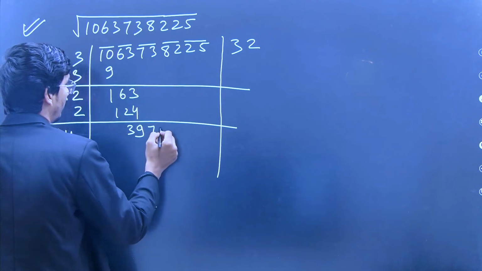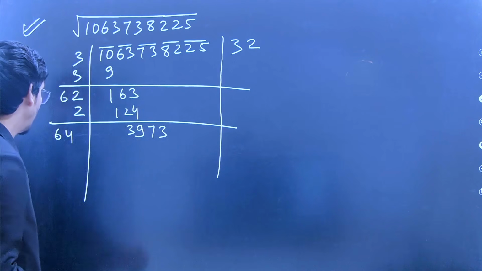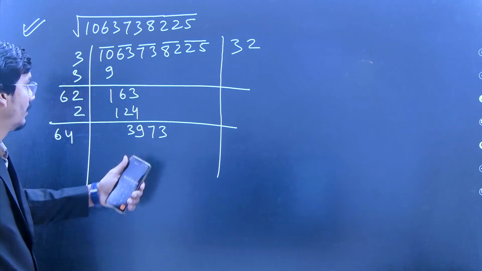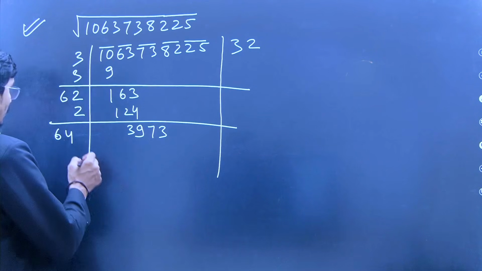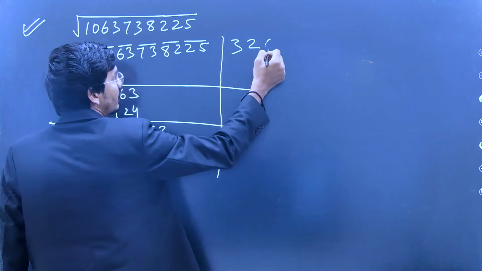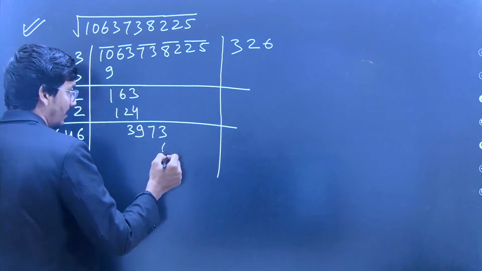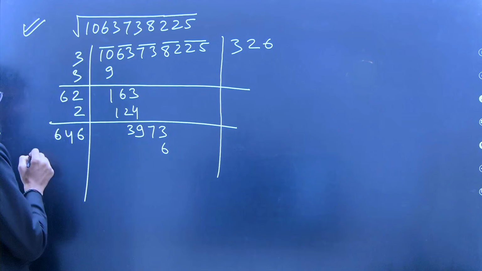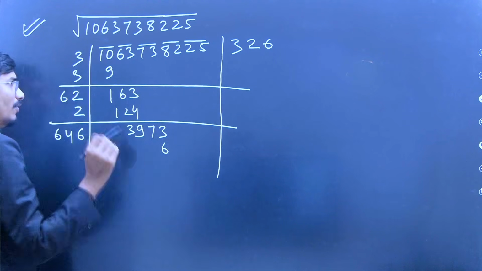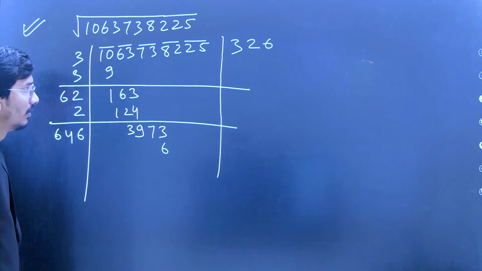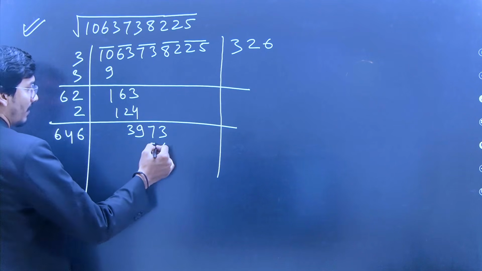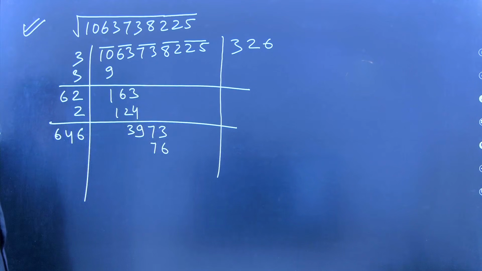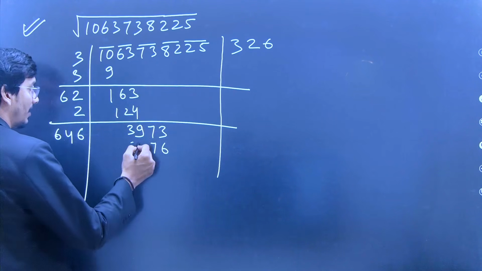Now again 73. Now by what number will we multiply? So this number is less than 3973. So its number is what? 6. 6 into 6, 36, carry 3. 6 into 4, 24 plus 3, 27, carry 2. 6 into 6, 36, 36 plus 2, 38.